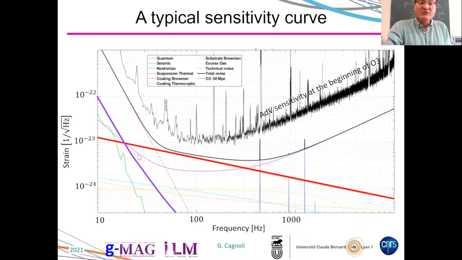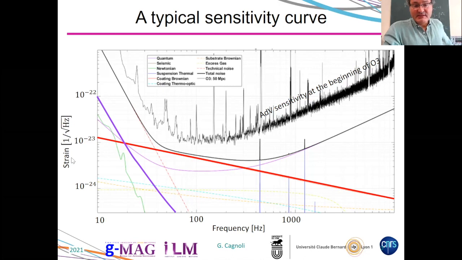Here there are different components of the noise. First, the graph presents on the y-axis the strain noise, so this is the noise in terms of equivalent amplitude of gravitational wave. On the x-axis, you have the frequency. Maybe later on we will talk about why the power spectral density is given in these units.